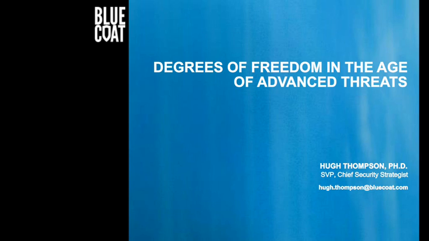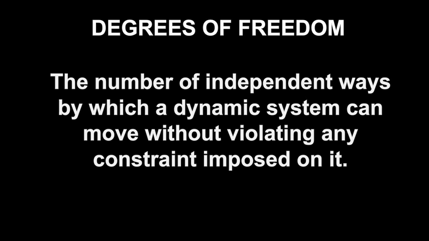And I mentioned there's this very specific term for this from the field of statistics called degrees of freedom. And I'll just read the definition quickly. Degrees of freedom are the number of independent ways by which a dynamic system can move without violating any constraint imposed on it. So they're the variables in an equation that really don't matter in the final result.